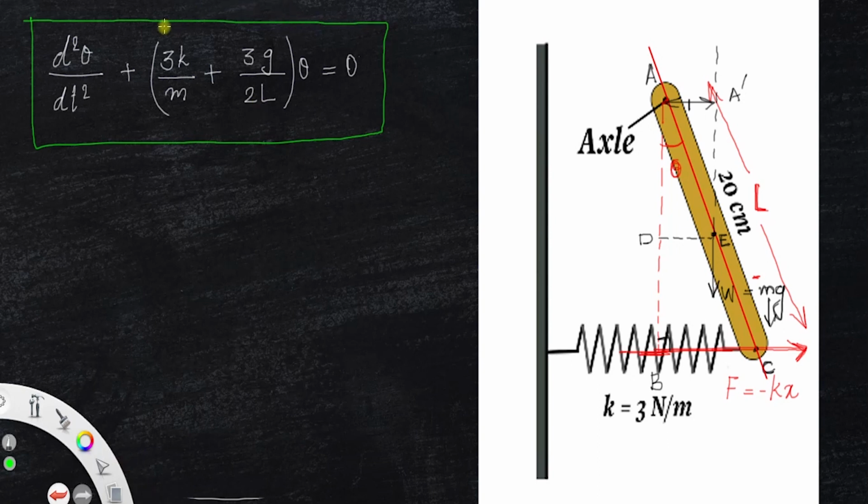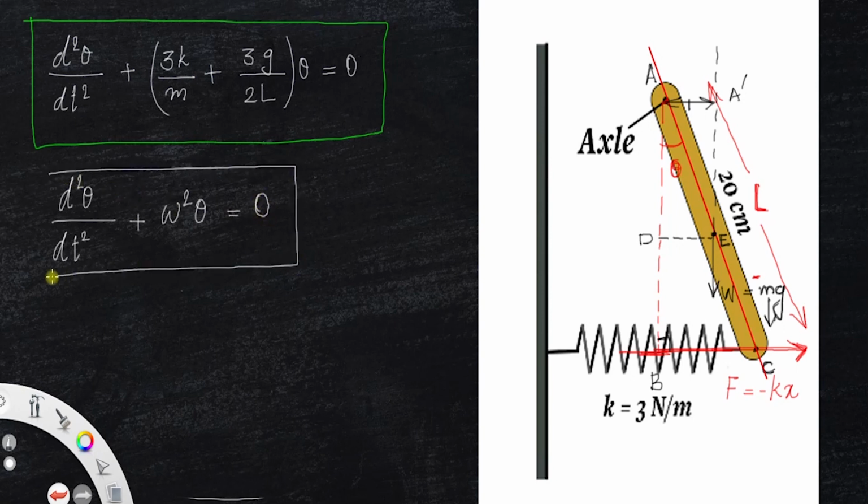Now when you compare it with the equation of a simple harmonic motion, we have the equation of SHM, SHM means simple harmonic motion: d²θ/dt² plus ω²θ equal to 0. This is actually the equation of SHM.